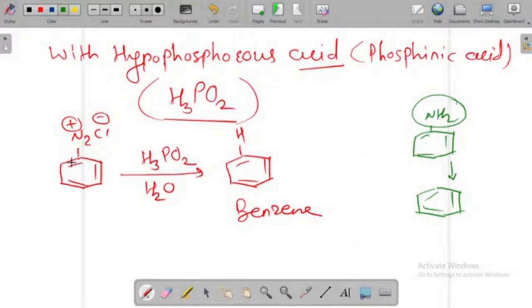So these are the different reactions which can be shown by benzene diazonium chloride. Almost seven different reactions we have seen using benzene diazonium chloride. Do all of you understand?